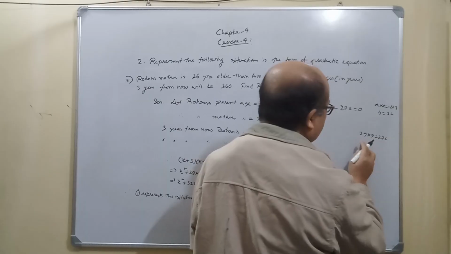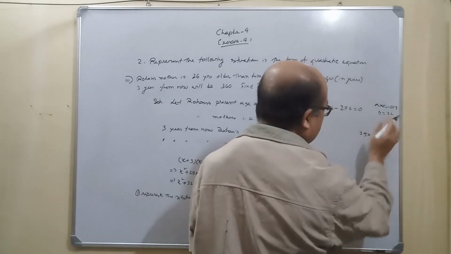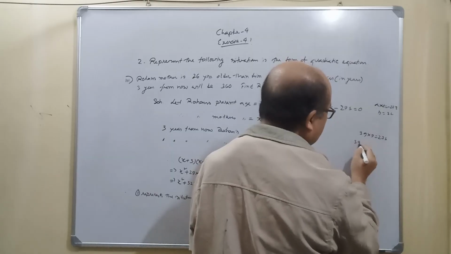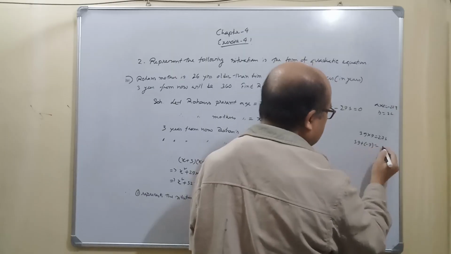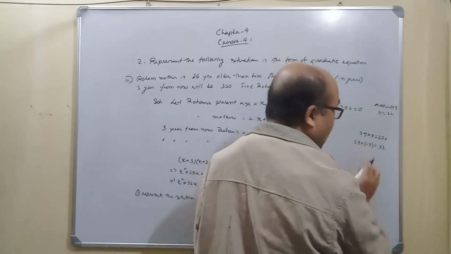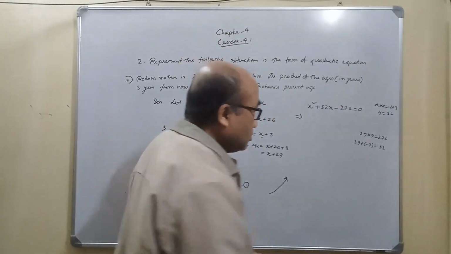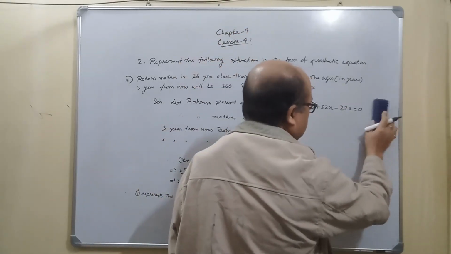The summation should be 32. So 39 plus minus 7 is 32. So the numbers are 39 and minus 7. These are the two numbers, 39 and minus 7.